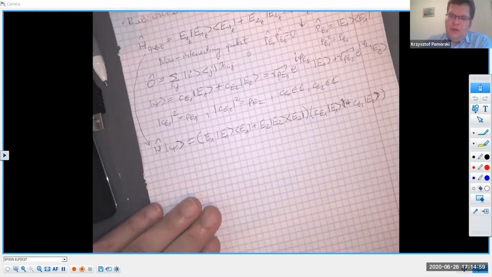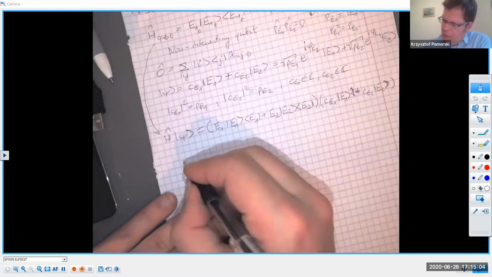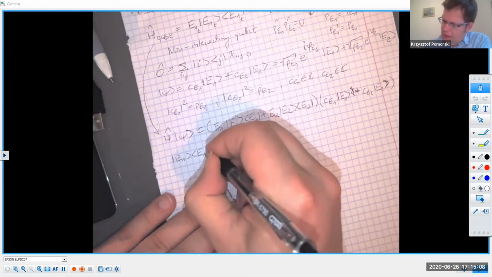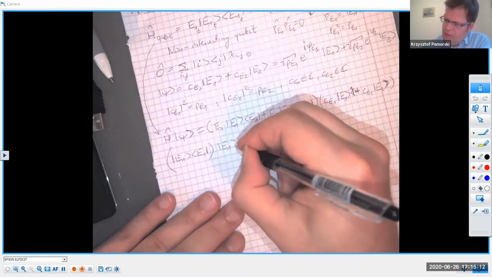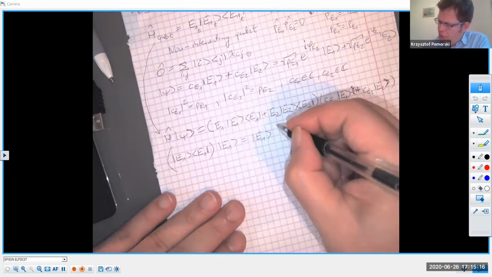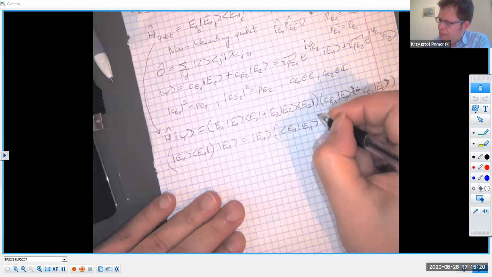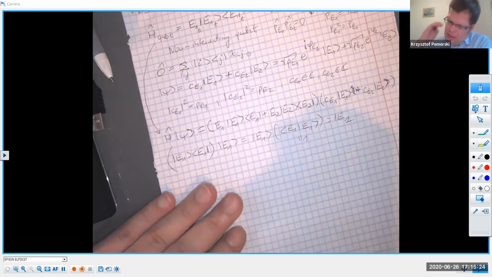What is the result of this action? Obviously, you can observe that this acting on such a state will produce E1, right?